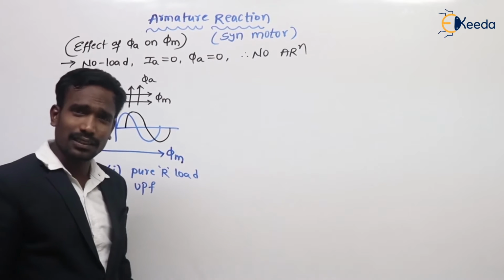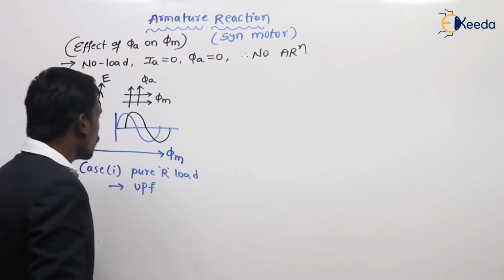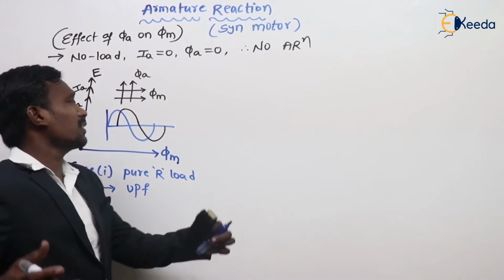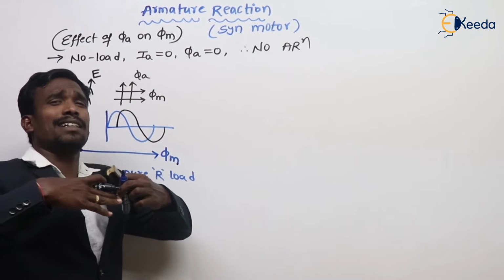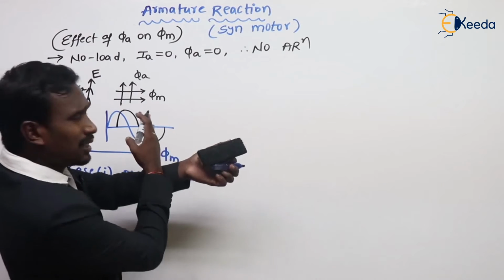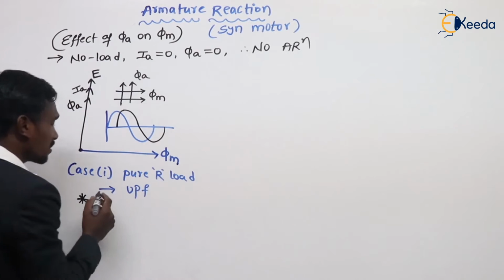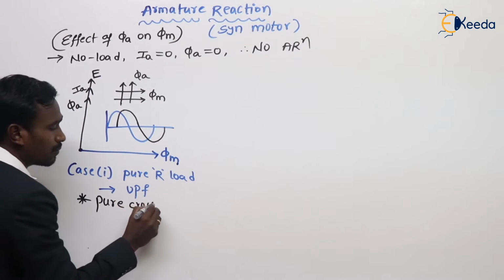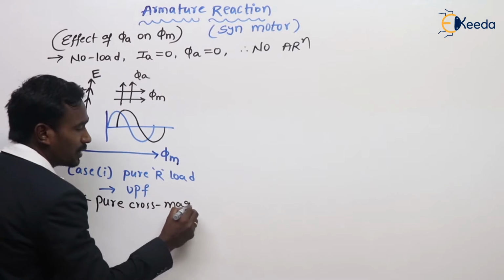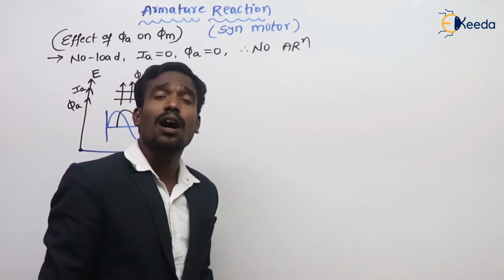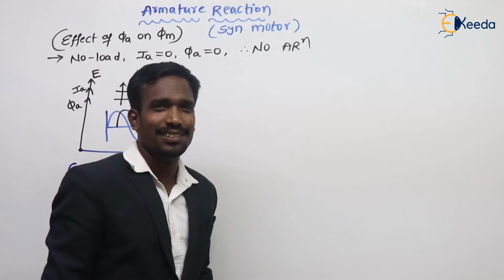Both the fluxes are like this. So what is the effect of armature reaction? If the armature flux is in the opposite direction, it is demagnetizing. If it is in the same direction, magnetizing. But here it is like this, so this is called pure cross magnetization effect of armature reaction.